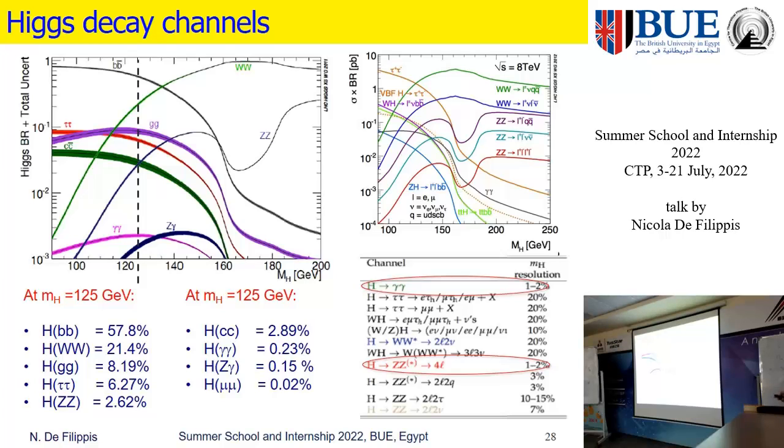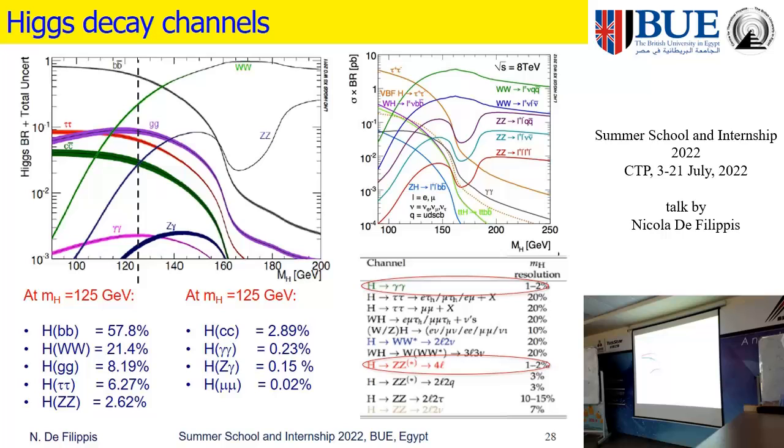So all the other decay modes may be more probable than X to gamma gamma and X to ZZ. As you could see here, X to gamma gamma has a branching fraction of 0.23% with respect to 57% for X to b bbar. So even if the probability of the Higgs decaying in gamma-gamma and in ZZ to 4 leptons was very low, the final state was so clean that you can discriminate the signal from a potential background.